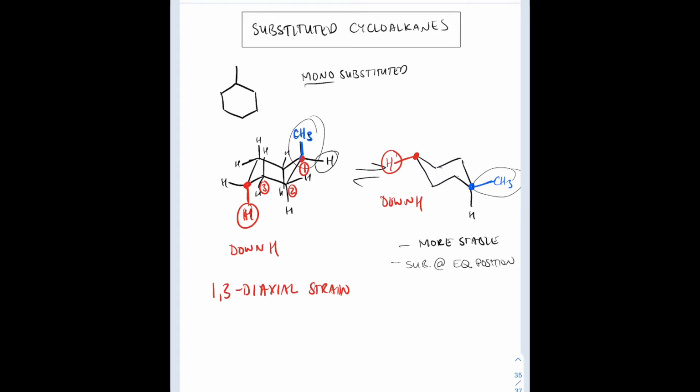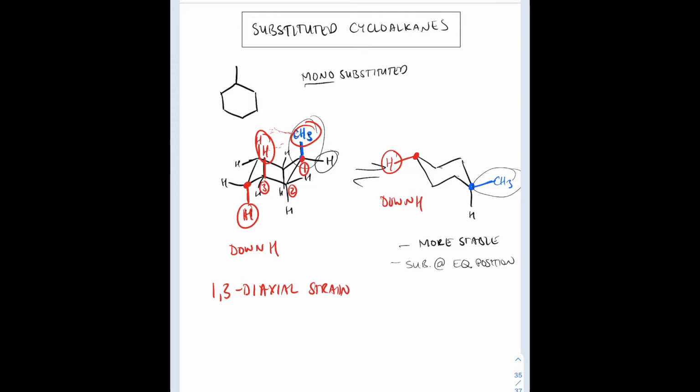And so if we're saying 1,3 diaxial strain, that means that we are referring to the axial substituents. In this case, they are both hydrogen, but they are projected upward, basically interacting with the methyl group that is on the axial position on the first carbon.